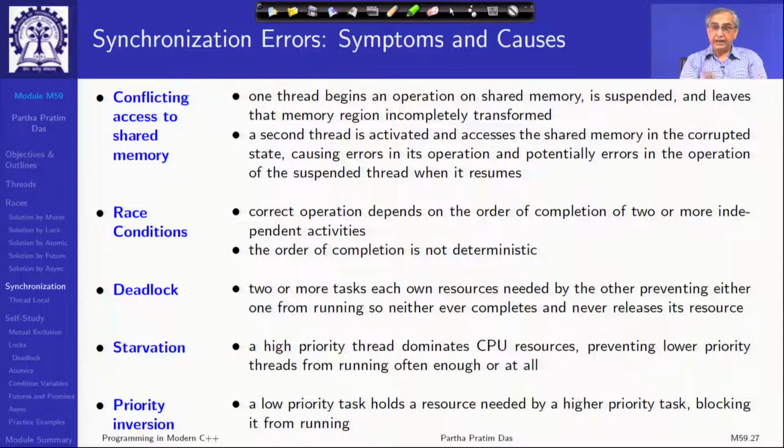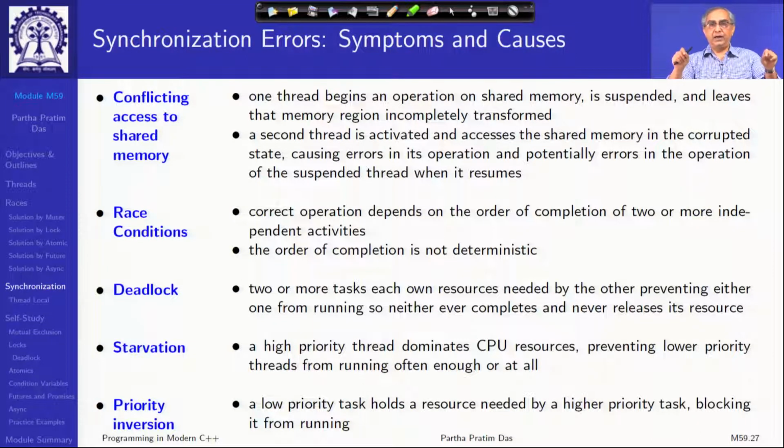Conflicting access, race condition, you have already seen. Deadlock is very simple: if there are two or more resources that two or more threads need to access at the same time, then it is quite possible that one thread has locked one resource and the other thread has locked the other resource.